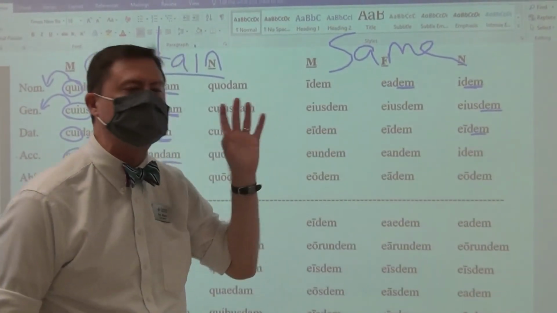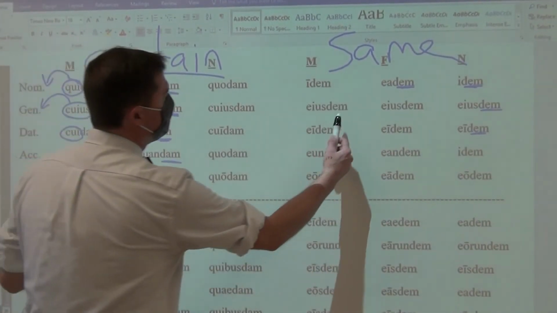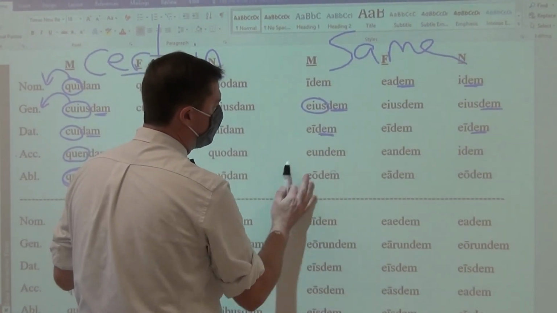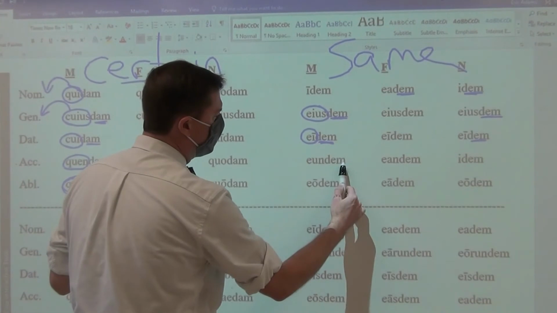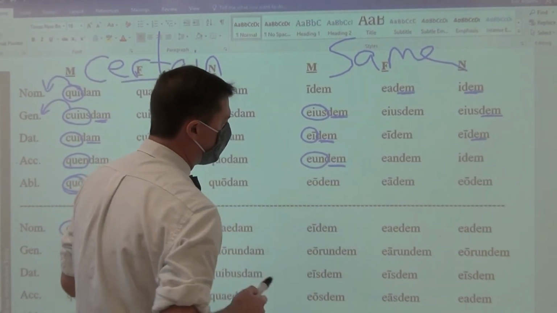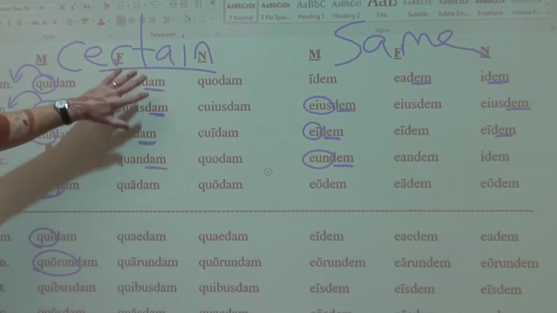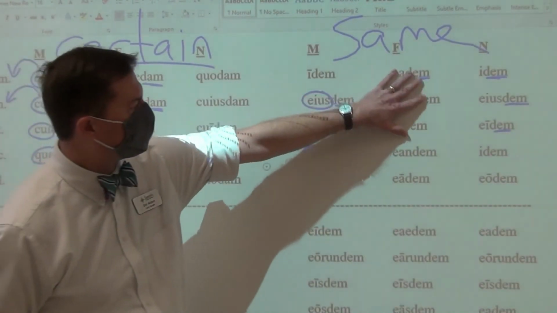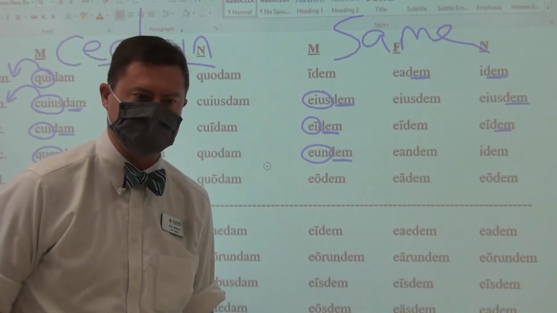And again, likewise, you don't look at the dem part, you look at the is, ea, id part to see what it's modifying, because these are demonstrative adjectives, the indefinites, and more demonstrative adjectives that will be modifying.